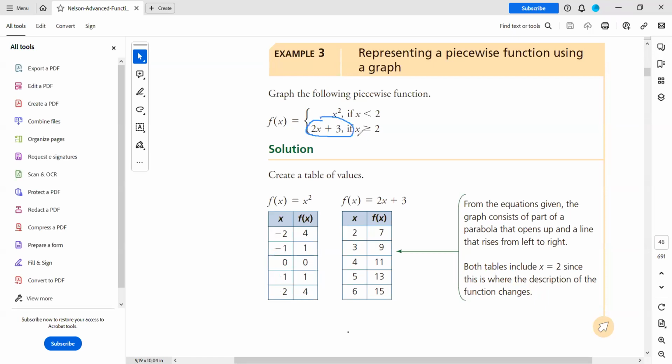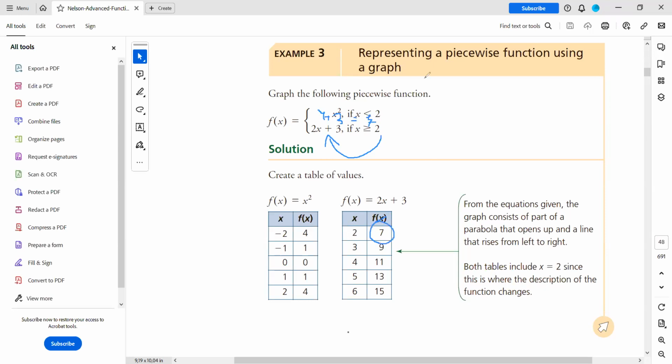And now let's write the points for the linear part of this piecewise function, 2x plus 3, no second degree or power here. So any number that's greater than or equal to 2. We can take 2 as the first number. Substituting 2 into this equation gives us 2 times 2 plus 3, which is 4 plus 3, which is 7.